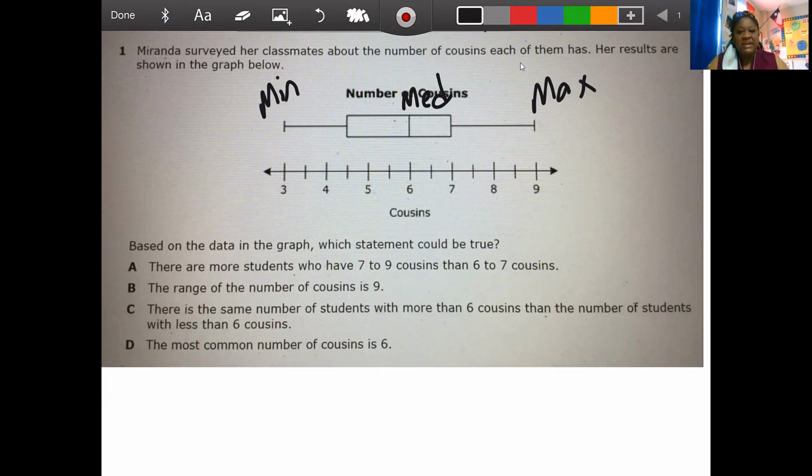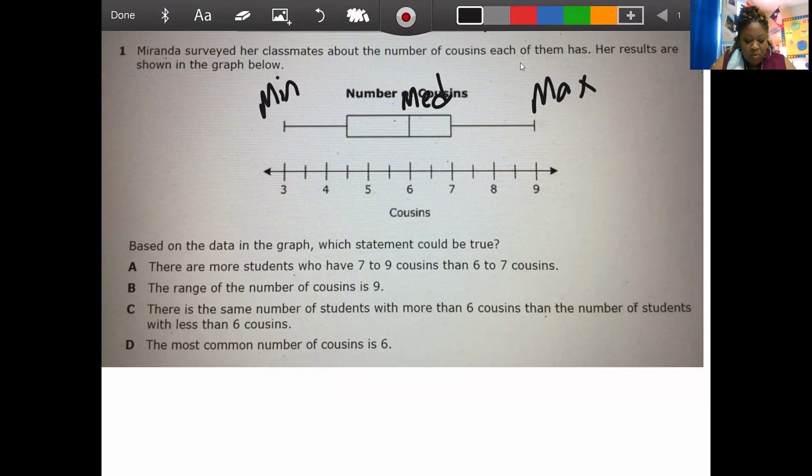So remember, the median is the middle of all of your data. So whatever all the numbers are, there are going to be the same amount of numbers to the right of the median and to the left. Not the same numbers, but the same amount of numbers, okay? So keep that in mind when you're answering this question.